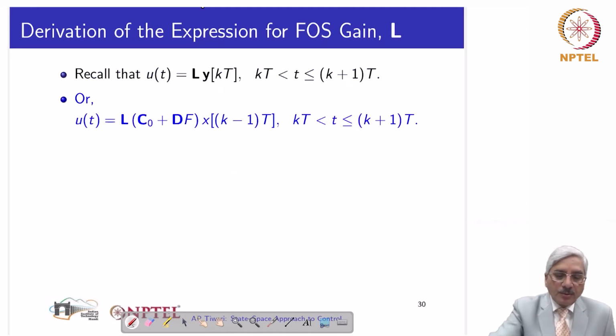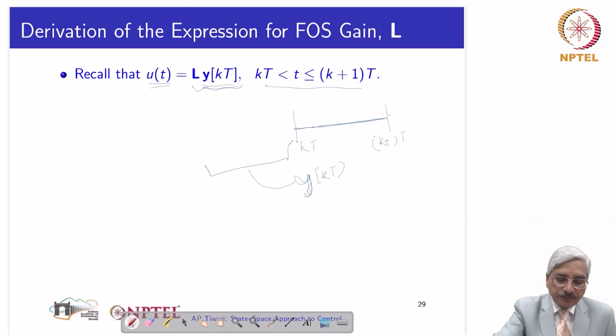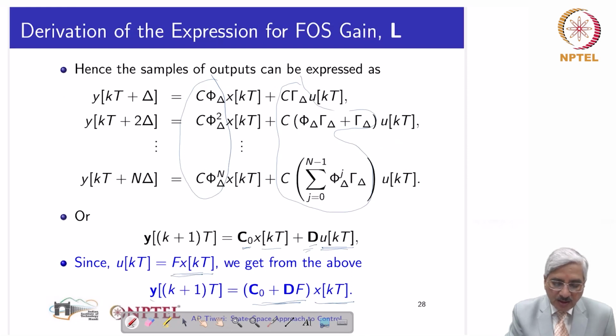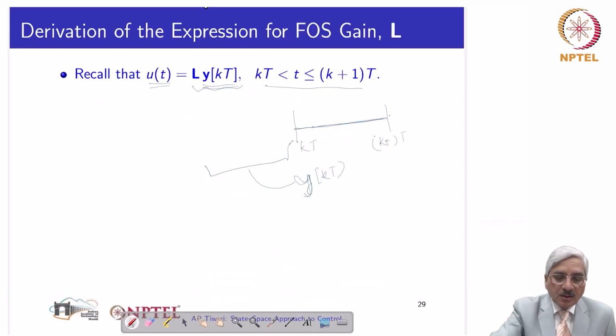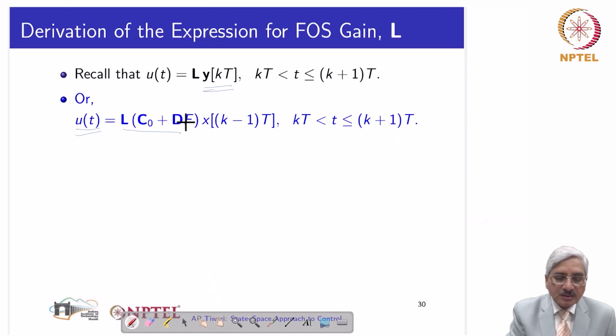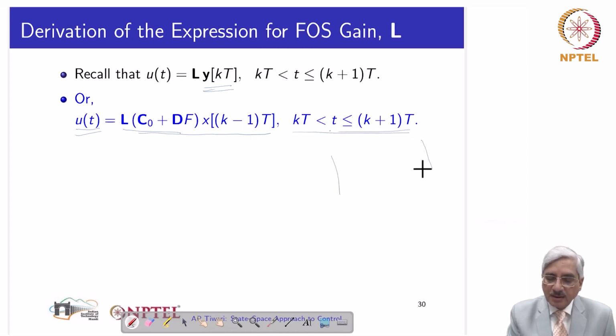So in place of u(t) we have L, and this y(kτ) we just derived here. Because y((k+1)τ) is given by this, we have y(kτ) given by this into x at the previous time instance. So that is substituted here, and we get u during that interval just after kτ to (k+1)τ.